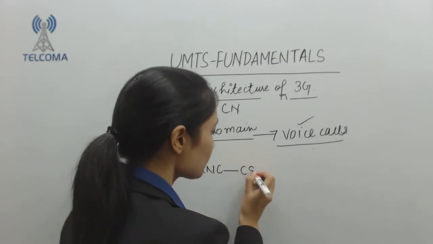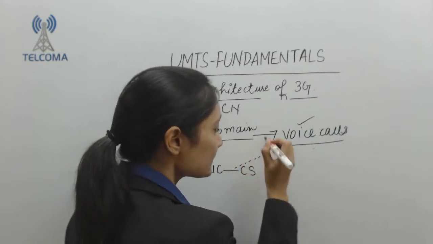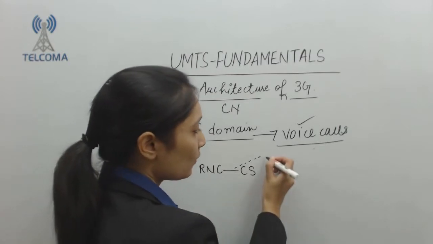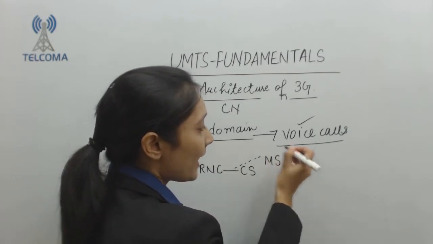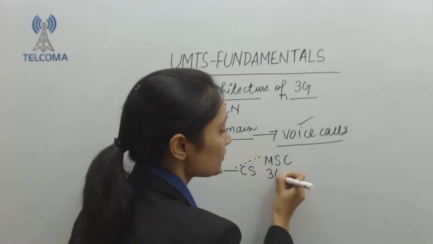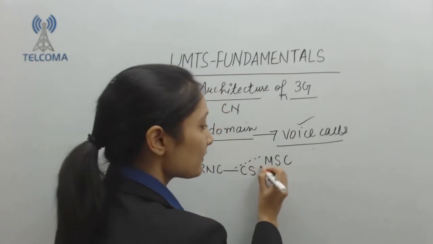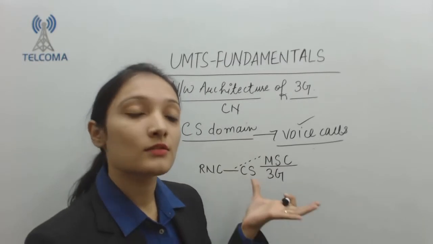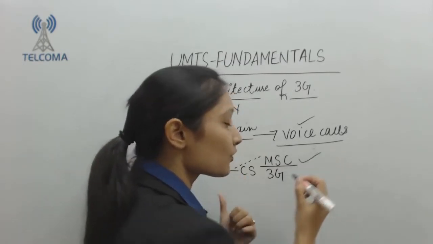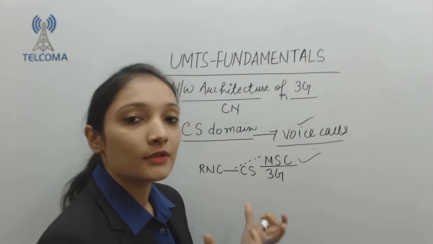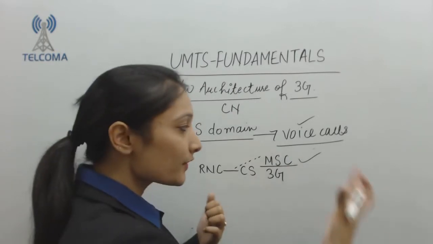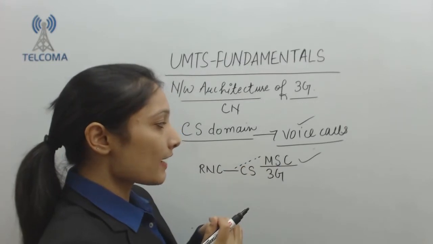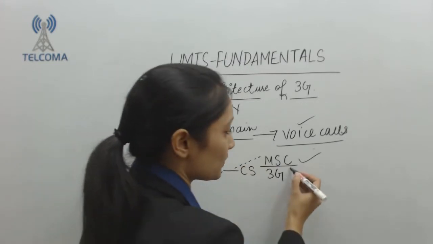If I have my circuit switched domain, that means the RNC will be connected to the entities of the circuit switched domain, which has the MSC, or we say 3G MSC. Now this refers to the mobile switching center. The switching center is responsible for the switching operations, call establishment, call management, and transferring the calls to the other network. So this mobile switching center has many databases attached to it.